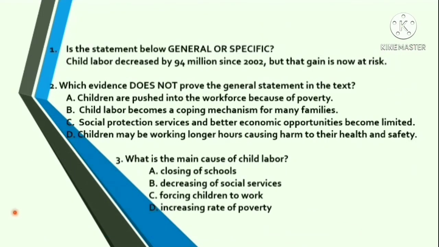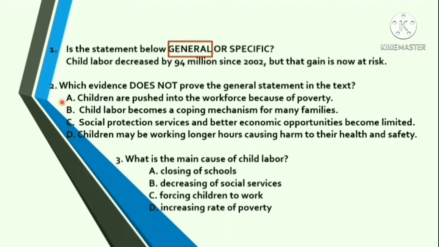Let's have the answers. Number 1, is the statement below general or specific? This statement, child labor decreased by 94 million since 2000, but that gain is now at risk. Okay, the answer is, of course, that is general. Number 2, which evidence does not prove the general statement in the text?